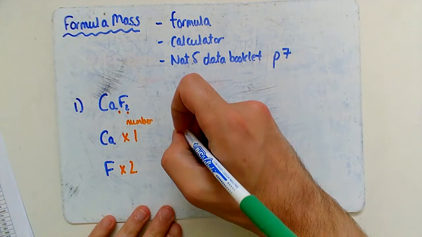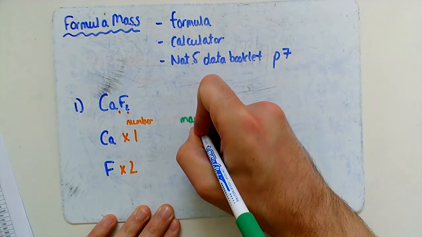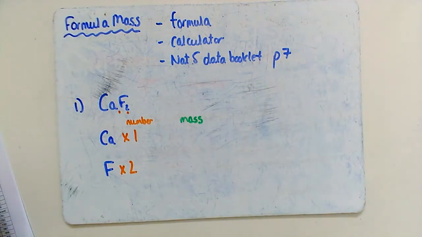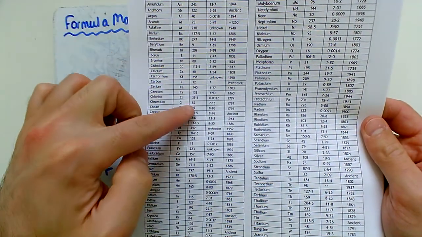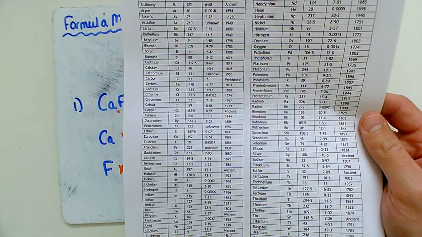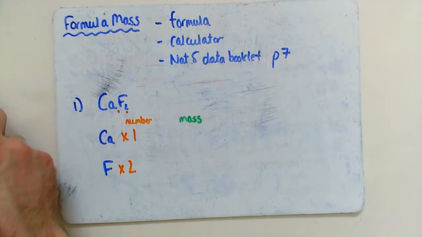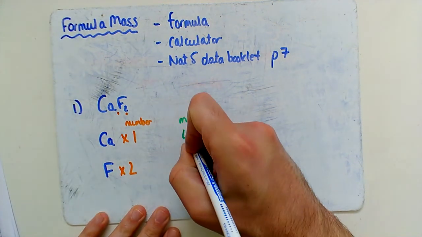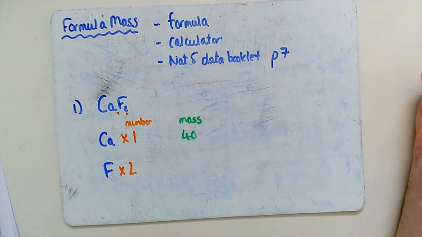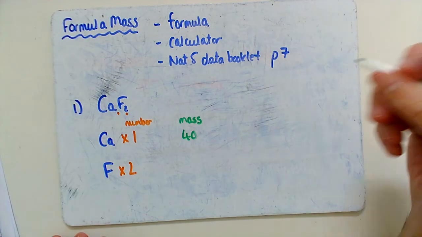Then what we need to do is look up the mass. And the mass is on page 7 in the 3rd column. So when I look it up, I see that calcium is 40 and fluorine is 19.